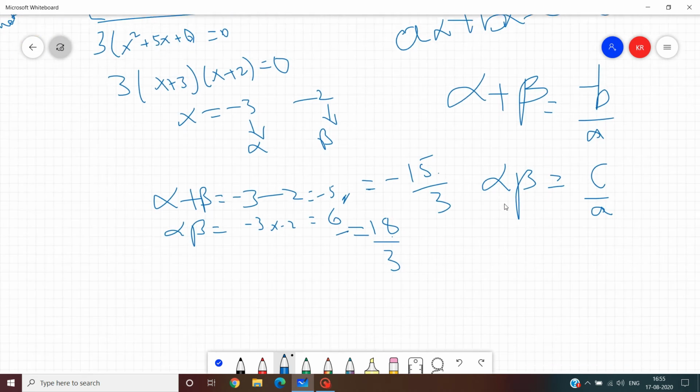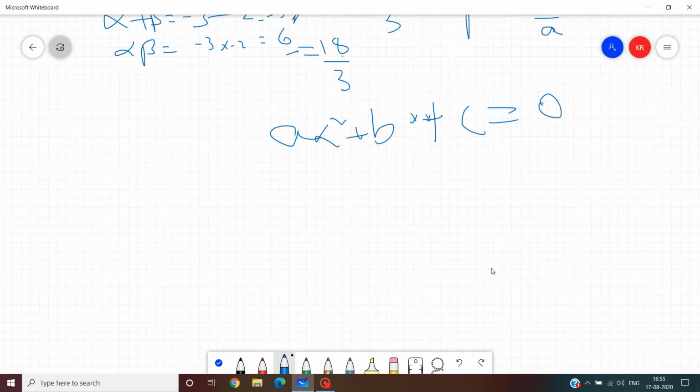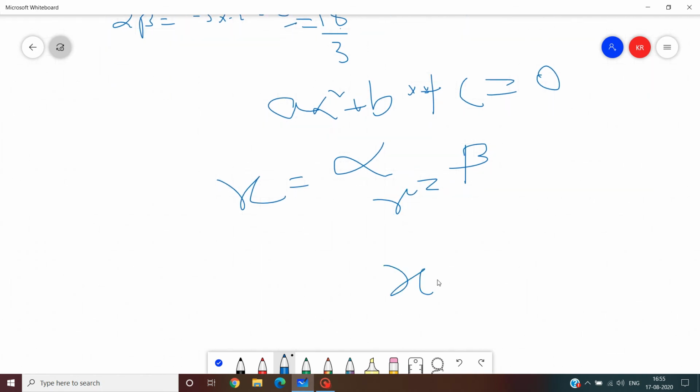If you do not agree, then we can generalize. Initially I take ax square plus bx plus c equals 0 as my quadratic equation, and I consider alpha and beta as the two roots of this equation. Then x equals alpha and x equals beta, so what will be my equation? x minus alpha into x minus beta.